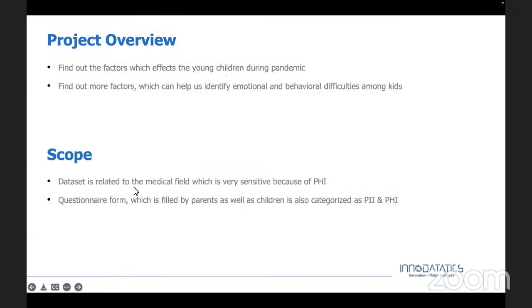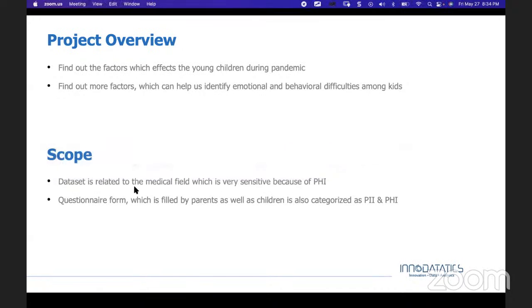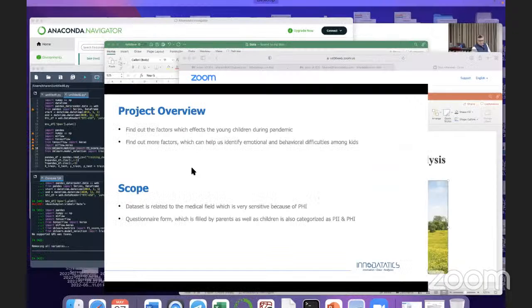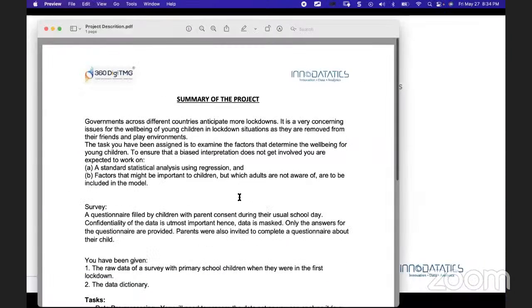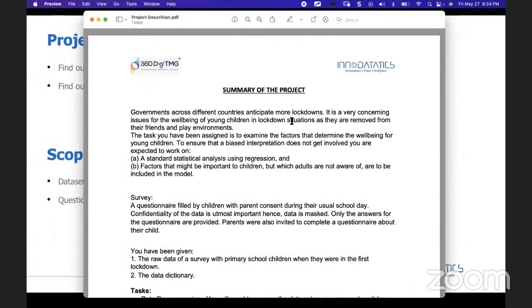What is this project all about? What is the project overview? To explain that, our participants have also worked on this aspect. Governments across different countries anticipated more lockdowns. This is about what happened during lockdown or after the first lockdown, right?